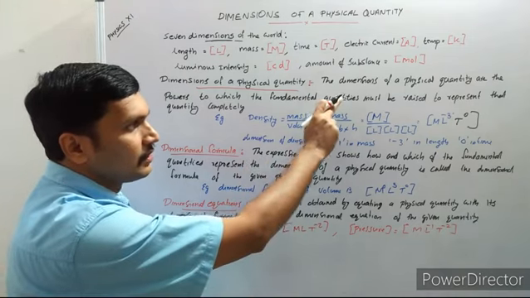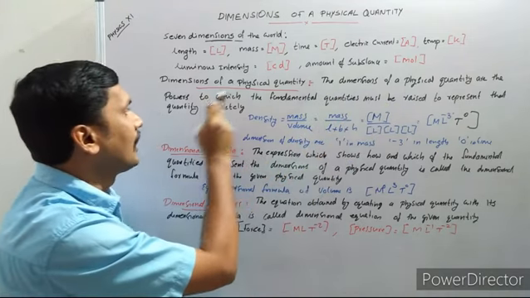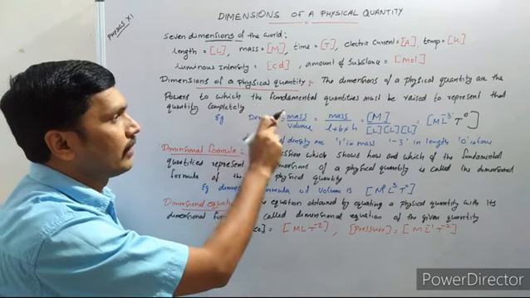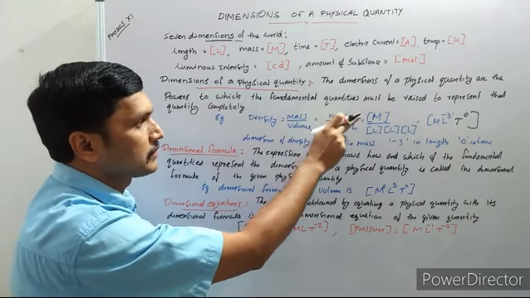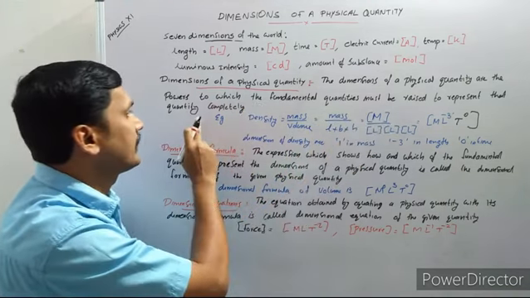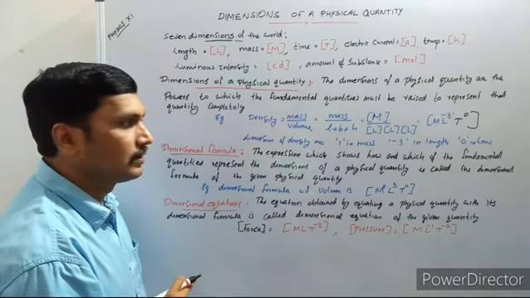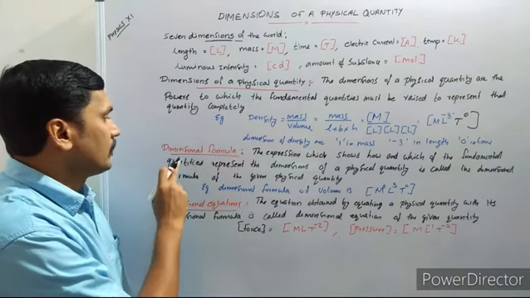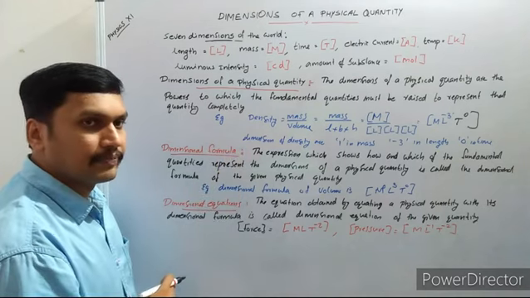That is actually the dimensions of a physical quantity. The dimensions of a physical quantity are the powers to which the fundamental quantities must be raised to represent that quantity completely. Okay. Now, what is the dimensional formula?